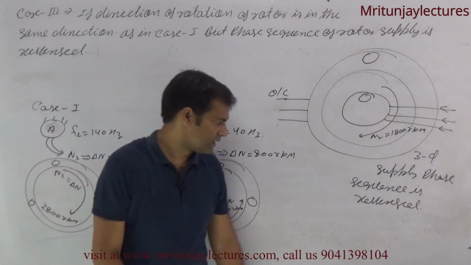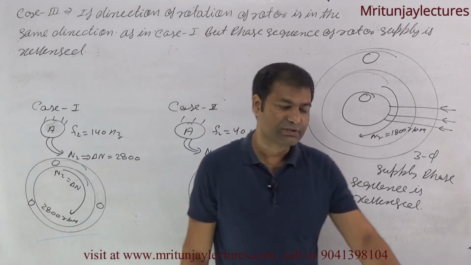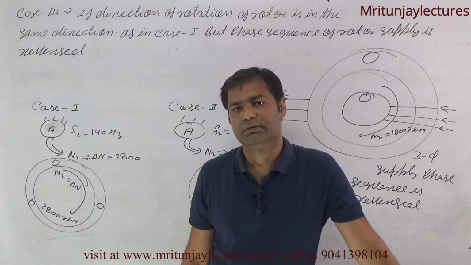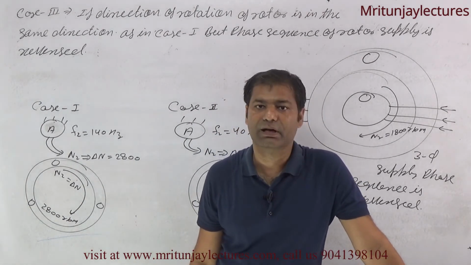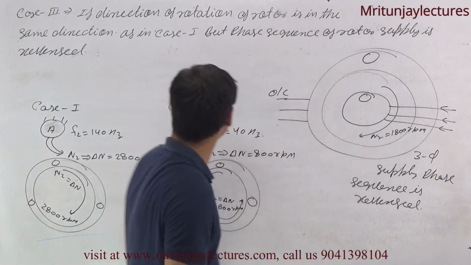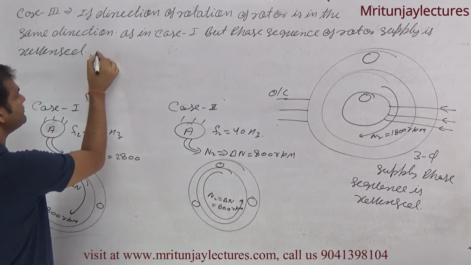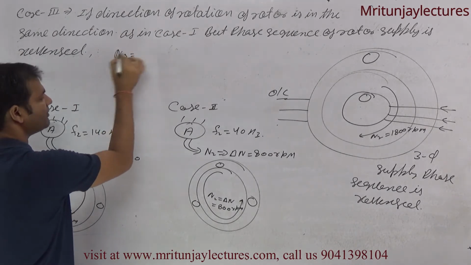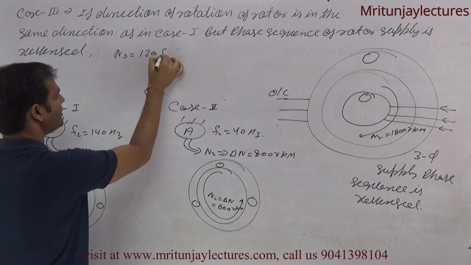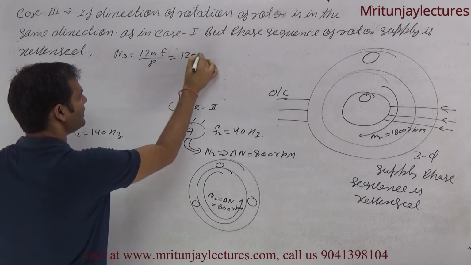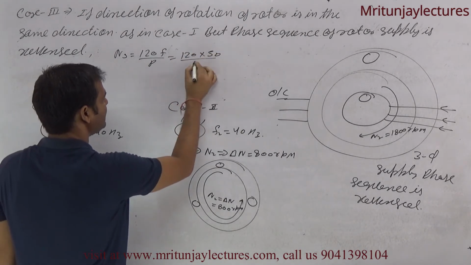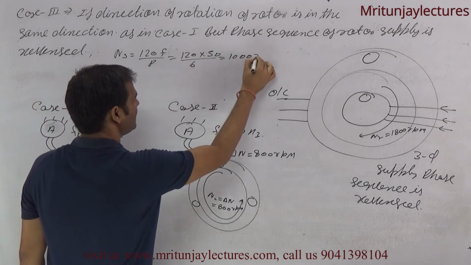If the three phase sequence is reversed, what about the rotor magnetic field? Also reversed. So for the rotor magnetic field, NS equals 120 F by P, with F 50 Hz and 6 pole, that is 1000 rpm. Clear?